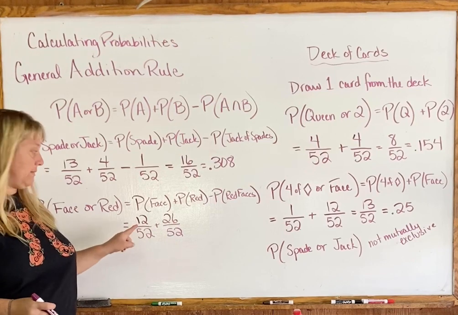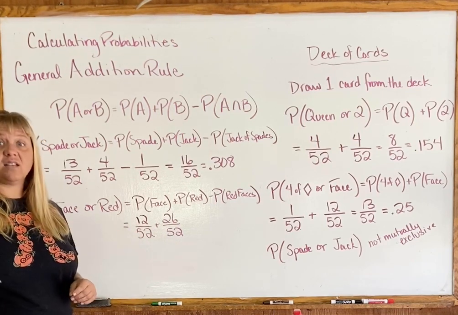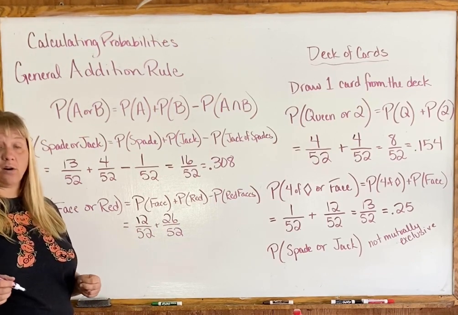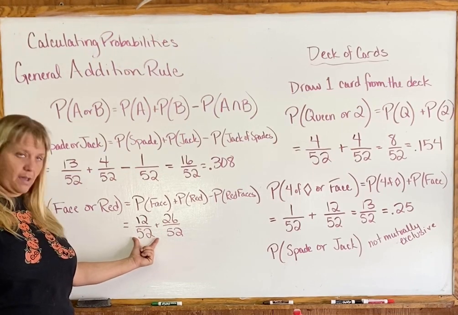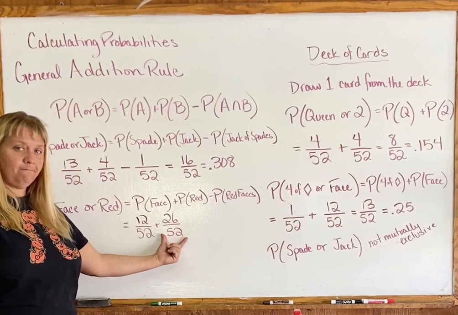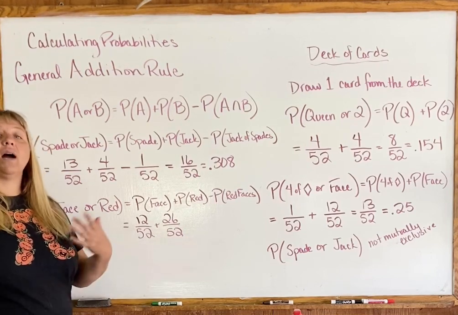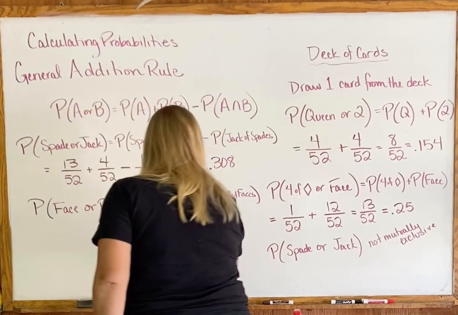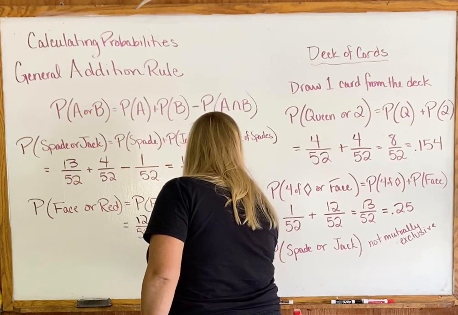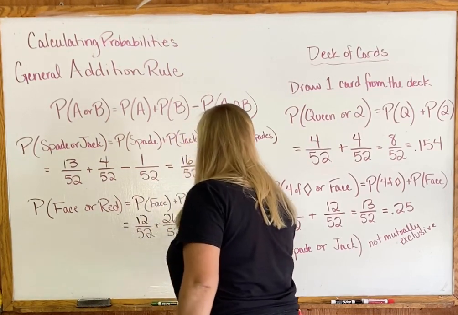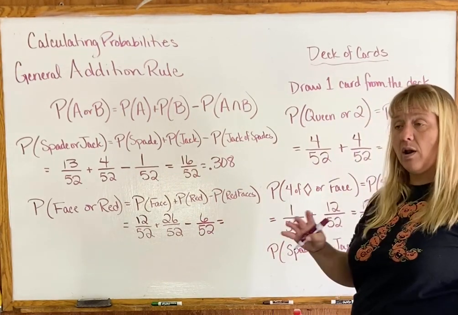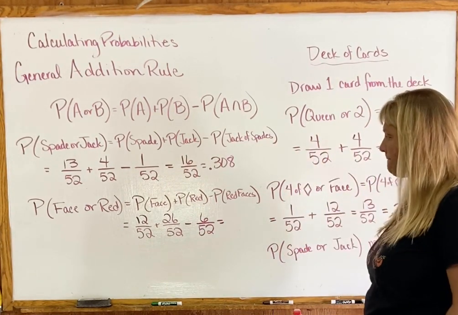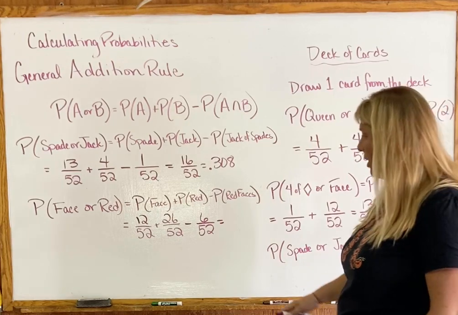That's half of them, so 6 of them are going to be red, aren't they? Now, did those red face cards get counted here? Yep. Did they get counted here? Yep. So they got over-counted. So we will subtract away 6 out of 52 so that they only get counted one time, so we're not giving an overestimate of the probability.